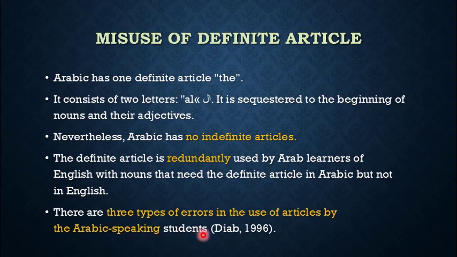Let's see what these three types are. Before, we talked about prepositions, and we had three types of errors that take place for Arab learners: the insertion of a preposition, the deletion of a preposition in a place where a preposition is needed in English, and the incorrect substitution of prepositions. Here again we have three types, but related to the usage of the definite article.